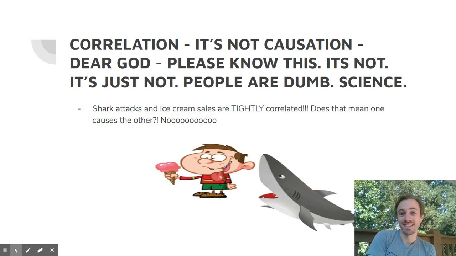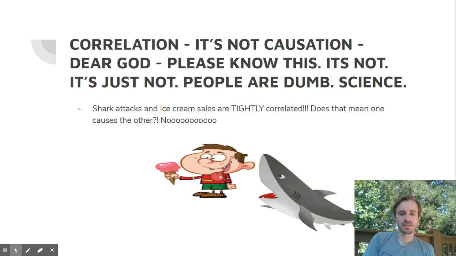So for instance, two things that are extremely correlated: sales of ice cream and shark attacks. As sales of ice cream goes up, shark attacks also go up. As sales of ice cream go down, shark attacks go down. Does that mean that if we sell more ice cream, there will be more shark attacks?